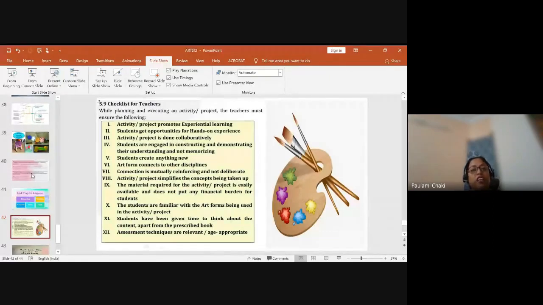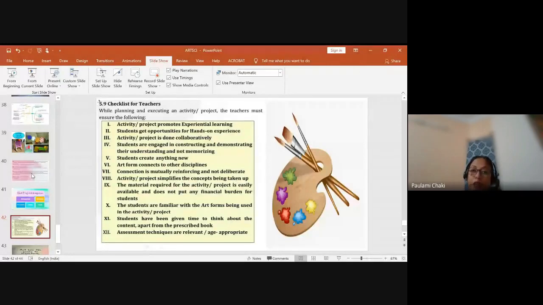Right? The activity or the project should simplify the concept. And one more thing which I always stress upon is when I plan my activities, I always keep in mind that the materials which they will be using should be readily available at their home. We should not burden our kids with any finances, right?